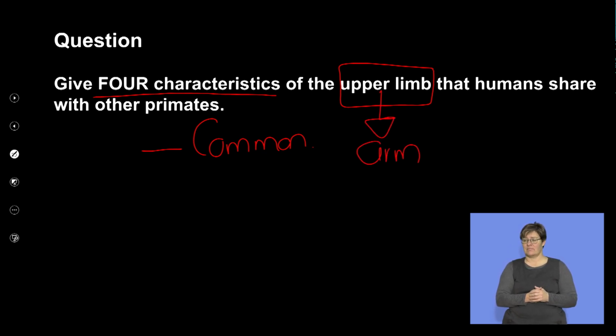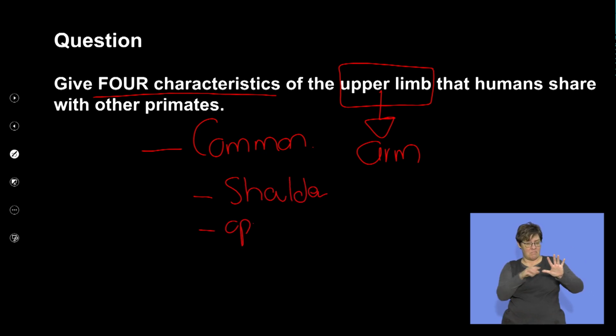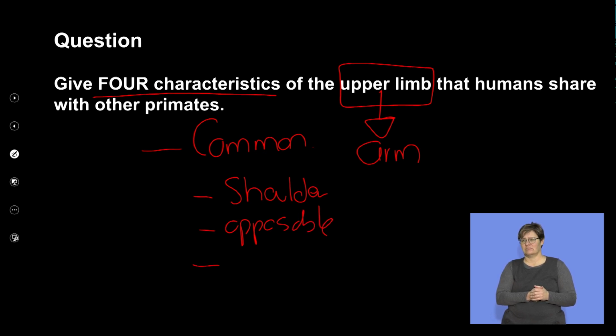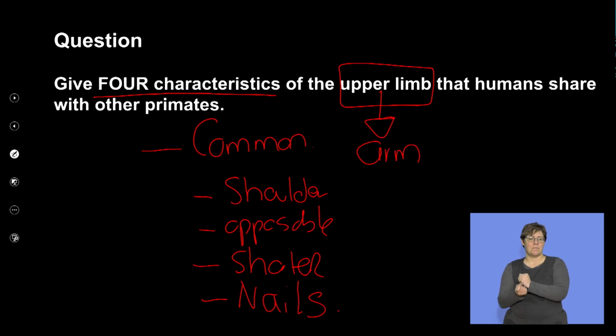So what would you talk about here? The shoulder joint, the opposable thumb. All right, what else have we got? All right, our shoulder joint, opposable thumb, shorter arms. All right, and our nails. Okay, there we go. Those would be the 4 things that you would come up with.